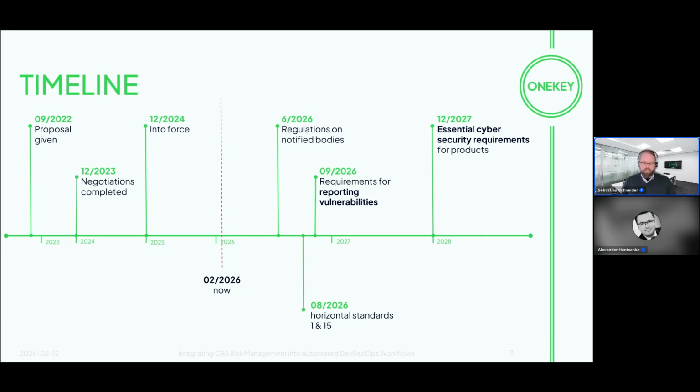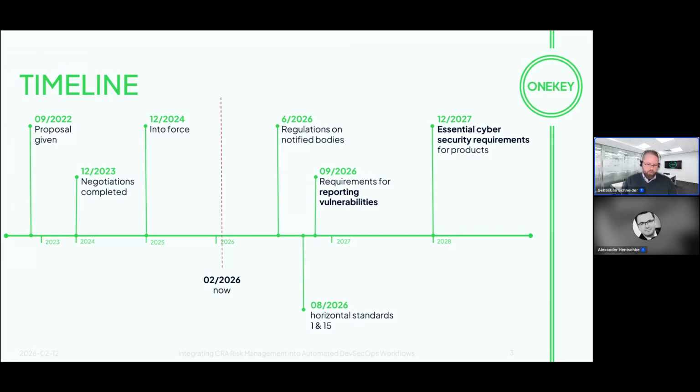So horizontal standards are for all products with digital elements, regardless from which domain. Then there will also be vertical standards that are for special kinds of products. So for example, there will be vertical standards, especially for antivirus, for VPN connectors, for key stores, and so on.